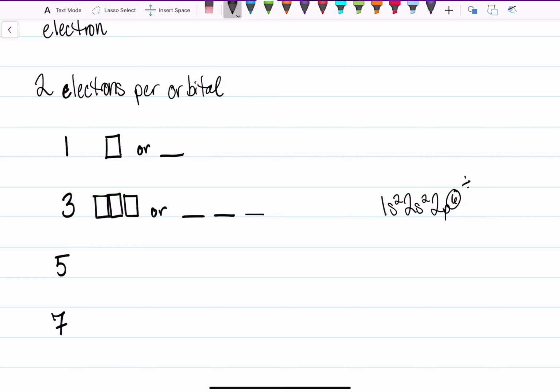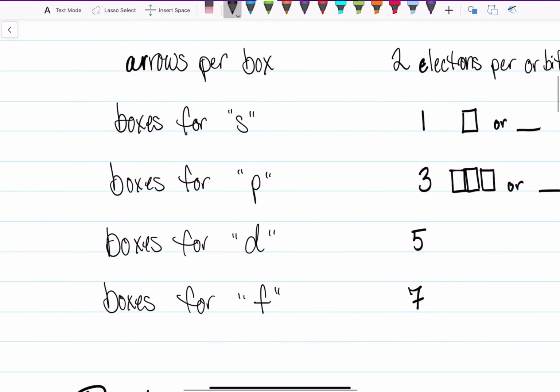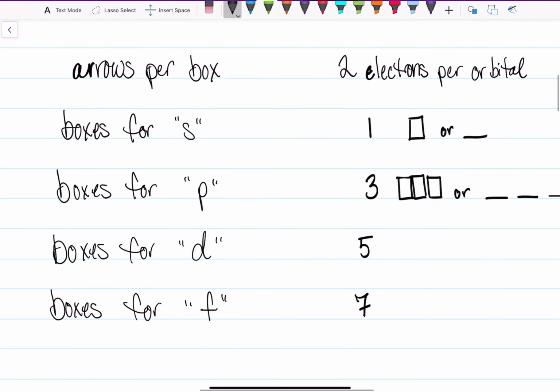Divided by 2 electrons per orbital, we get 3. So that's where the 3 comes from. For the D, you notice that on the periodic table, the most you can count across would be 10. 10 elements in the D block divided by 2 electrons per orbital, 5. F, 14 divided by 2 would be 7. So those are just a few things that you need to know.